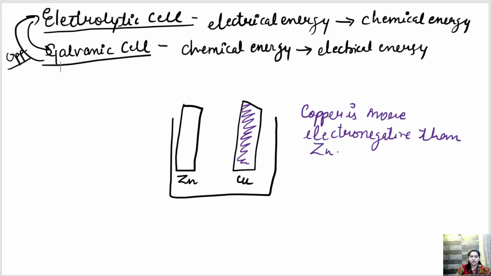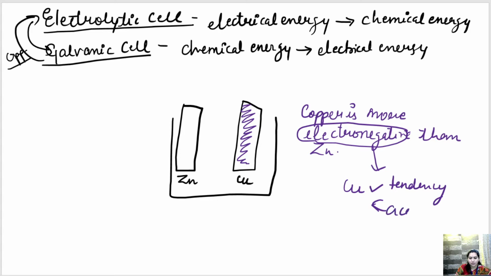What does that mean? Electronegative means that copper has more tendency to accept electrons. Zinc does not have as much tendency to accept electrons as copper has.